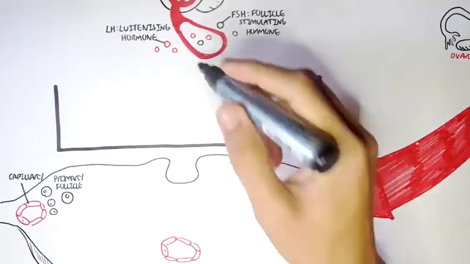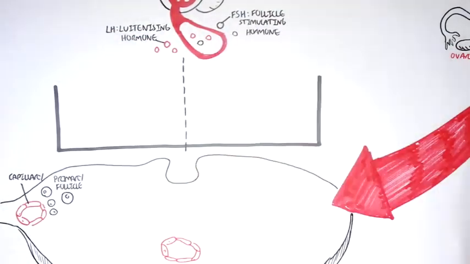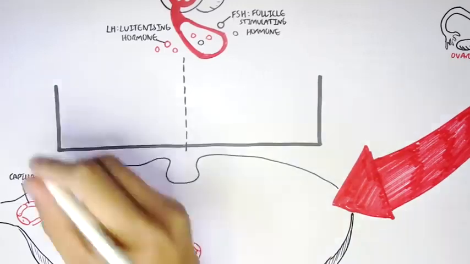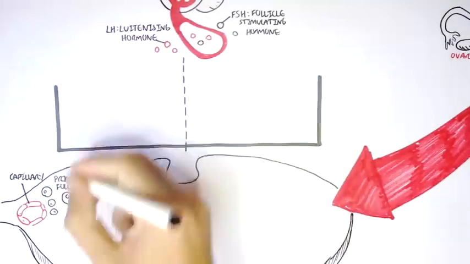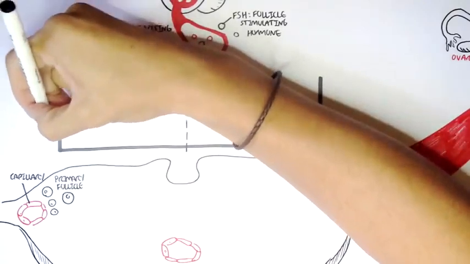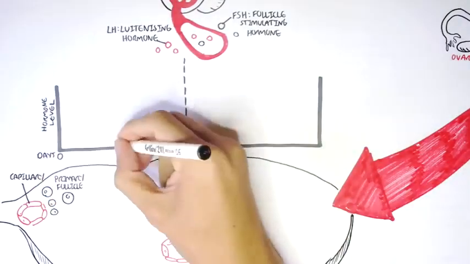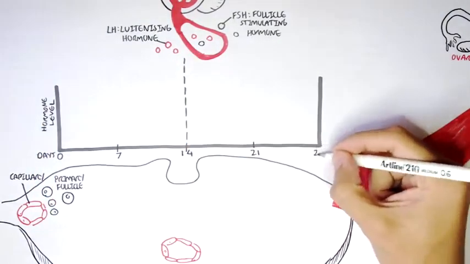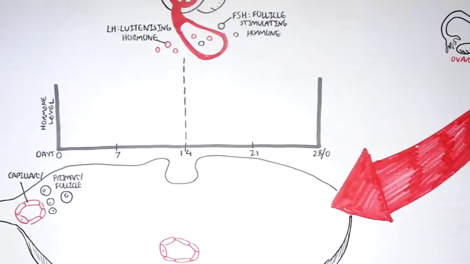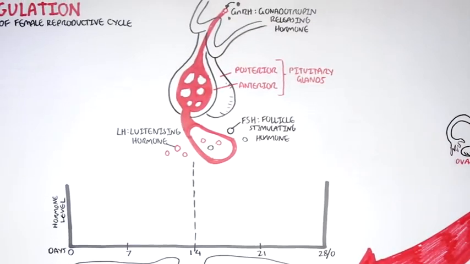Before we continue on, let's look at the changes of the hormone concentrations that come from the brain by looking at a graph. So here we have a y-axis which shows the concentration of the hormones in the blood. And on the x-axis is the duration of the female menstrual cycle, which normally goes for about 28 days.